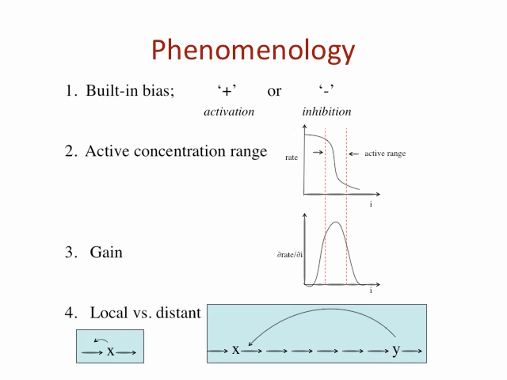A distant regulation is shown in the second blue box, where a compound Y will affect the reaction rate degrading X, and Y is located far away from X in the network. Of course, physically, they are located nearby one another inside the cell, but there will be many, many links apart in the network.